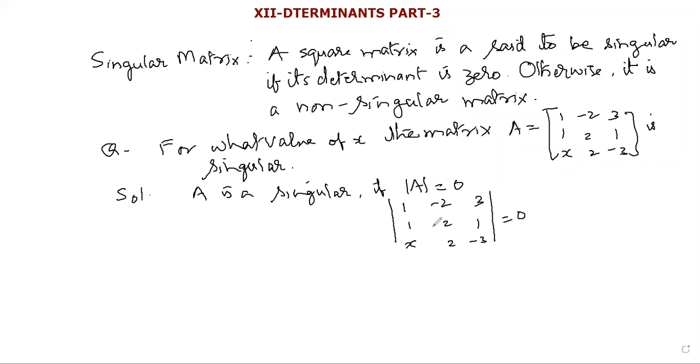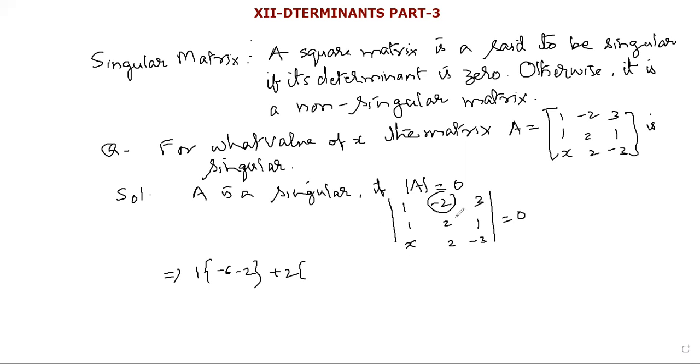Now we can solve by any method. If we take 1 outside, the signs are plus minus plus along the first row. So 1 in the first column, 2 times minus 3 is minus 6, minus 2, then minus minus plus 2.